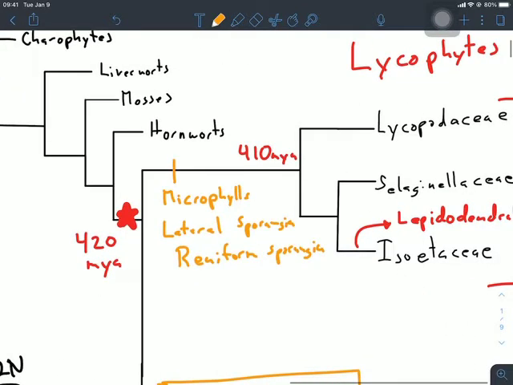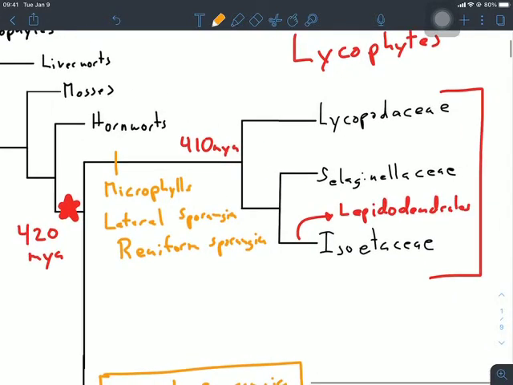So for better or worse, this was the ancestral trait of the lycophyte lineage, to have leaves with only a single vein, to have lateral rather than terminal sporangia, and that those sporangia are shaped similarly to a kidney.